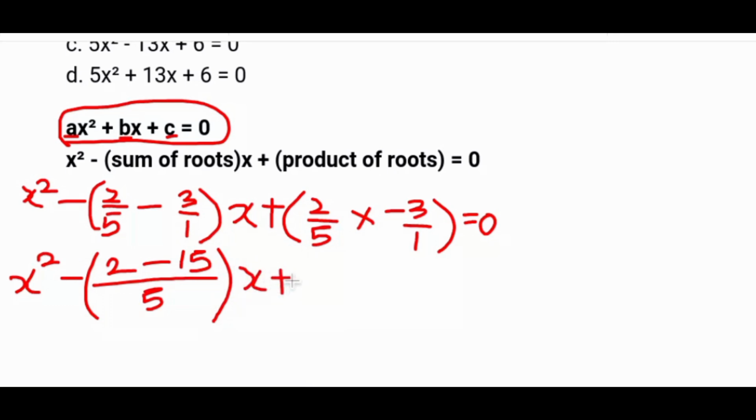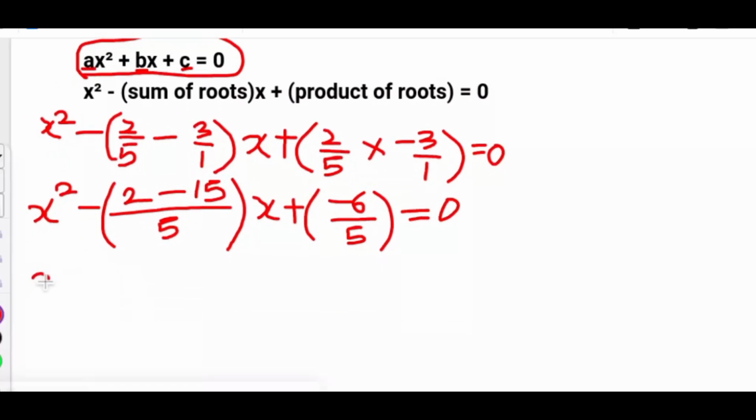Then open your bracket at the same time. So 2 multiplied by -3, you have -6, and then the denominator part is 5 times 1, you have 5. You close the bracket. Now the essence of the bracket is just to demarcate, especially when you have two different signs, one in the bracket and one outside the bracket. So write your equals to 0. I hope you're still following.